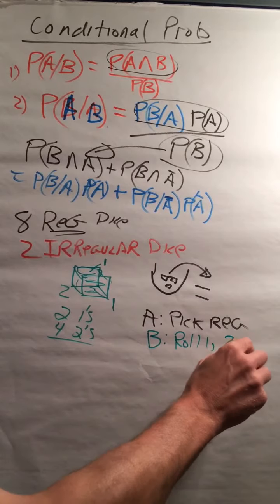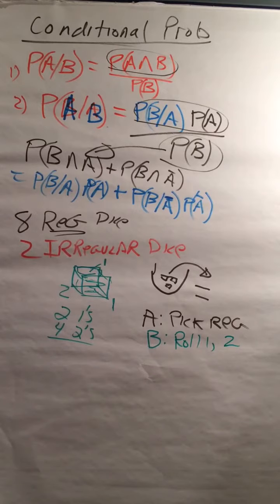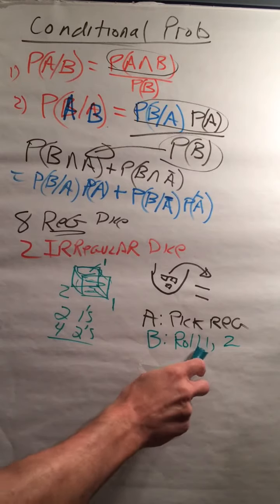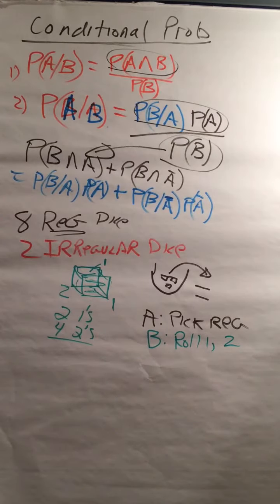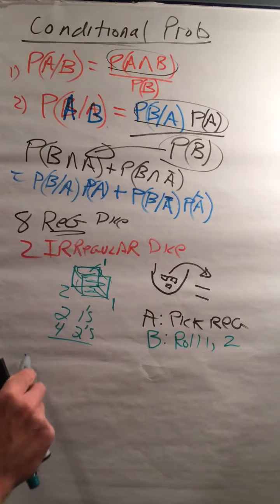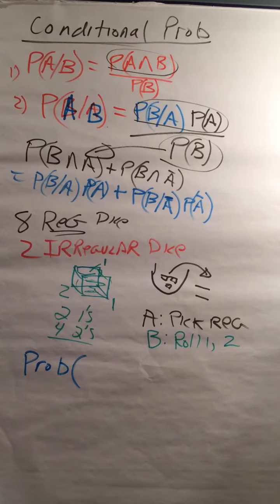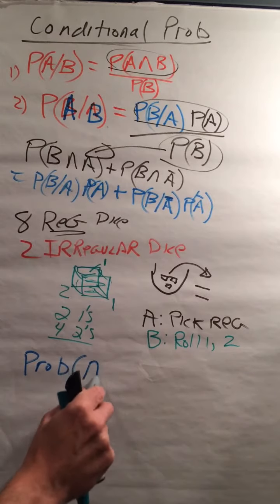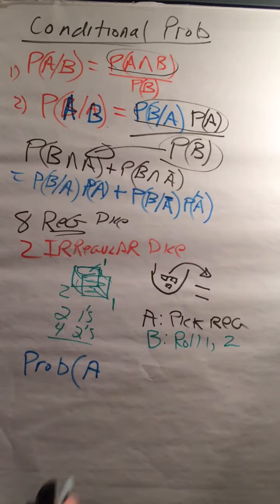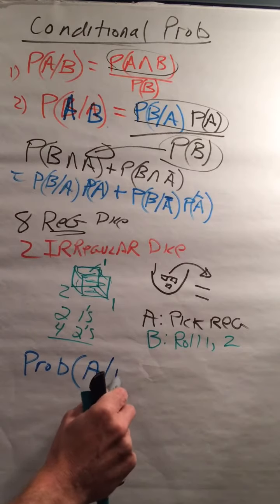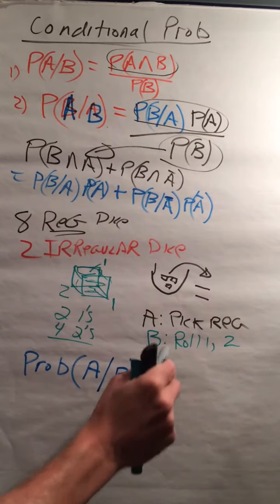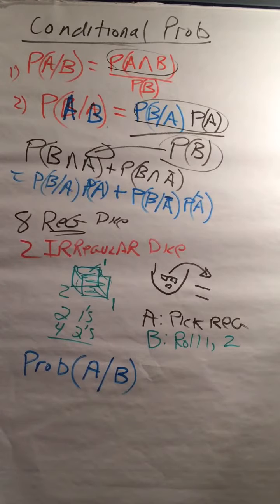So that's the two events, and again, the order counts here. You roll a 1 and you roll a 2. So what we want to find is the probability of A, that you picked the regular die, given B, that you rolled a 1 and a 2.